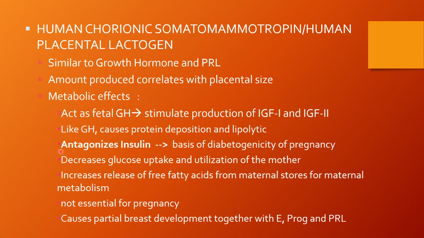It antagonizes insulin, which is the basis of your diabetogenicity of pregnancy. It decreases glucose uptake and utilization of the mother, and increases release of free fatty acids from your maternal stores for maternal metabolism. Though your human chorionic somatotropin is not essential for pregnancy, it causes partial breast development together with your estrogen, progesterone, and your prolactin.